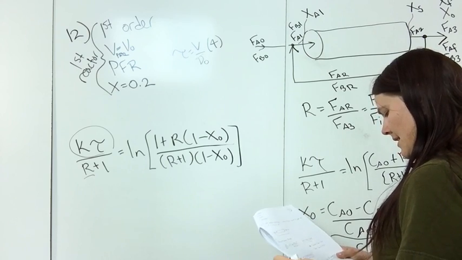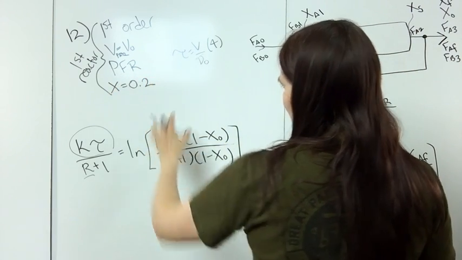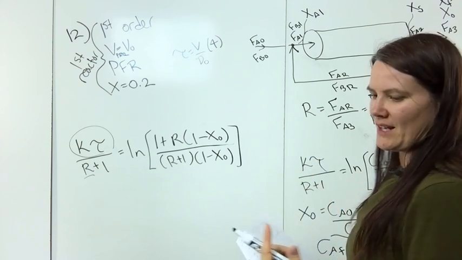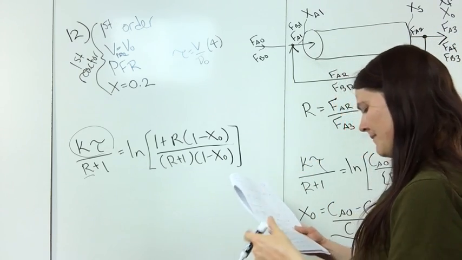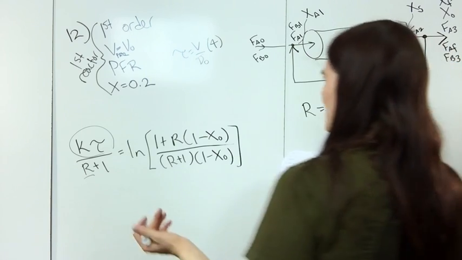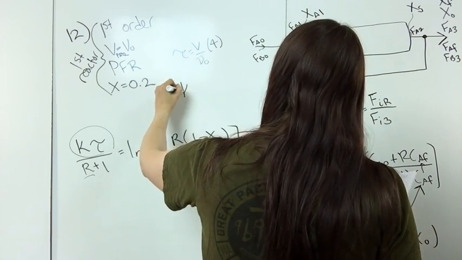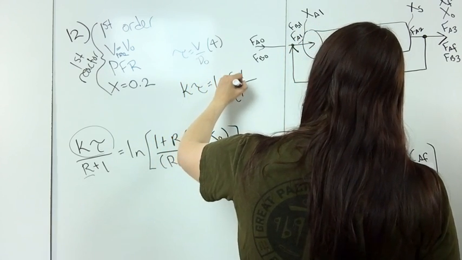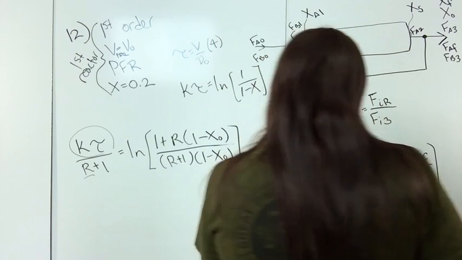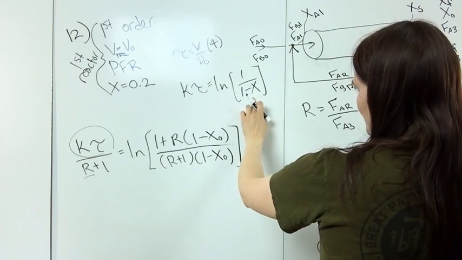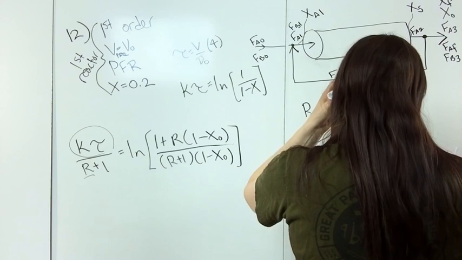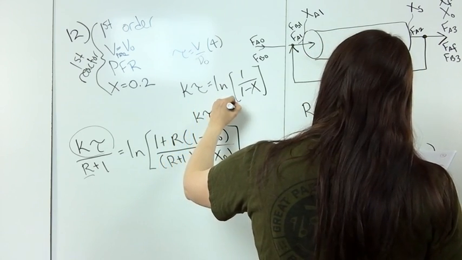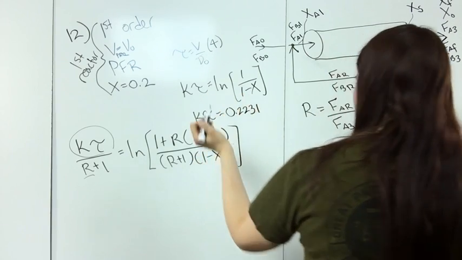I'm not going to go through the math in detail for the PFR, but if you go through a mole balance, the rate law, stoichiometry, and you know that it's first order with no volume change, you end up with an equation that looks like this. So K tau is equal to the natural log of 1 over 1 minus X. You know that X is 0.2, so you can solve for K tau and get 0.2231.